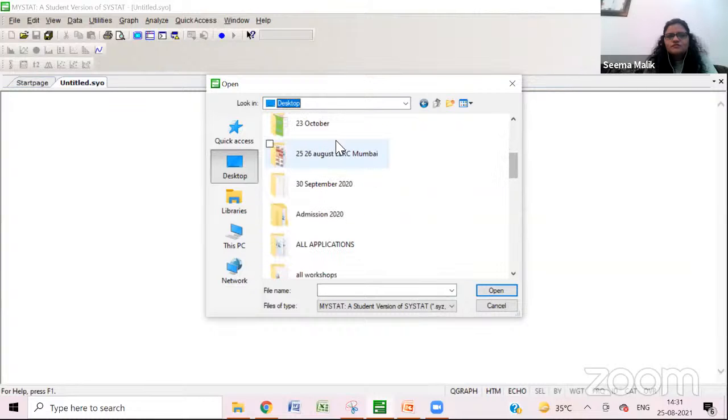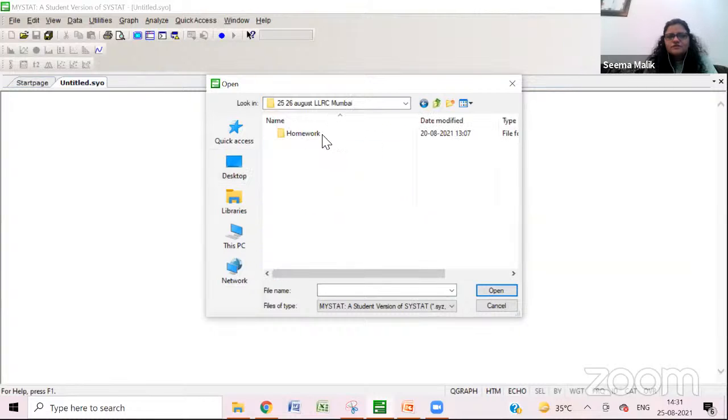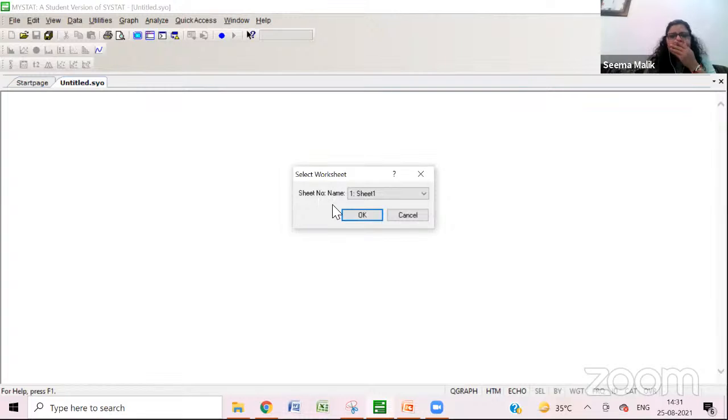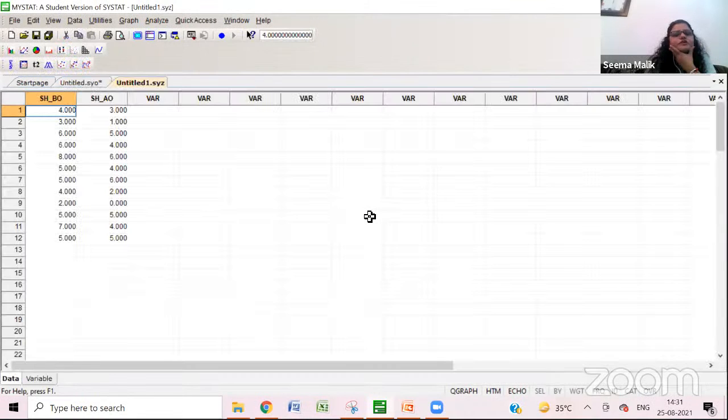In desktop, here it is, all files. It is paired sample t-test, sheet 1. So these are the study hours before orientation and the study hours after orientation.